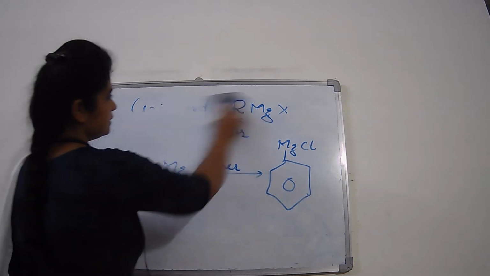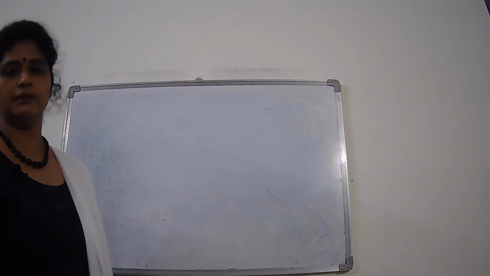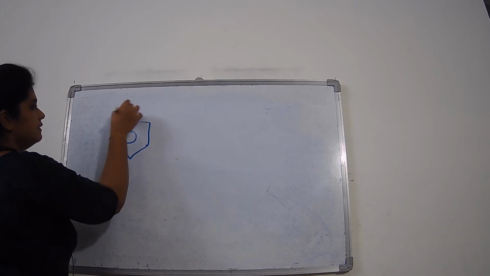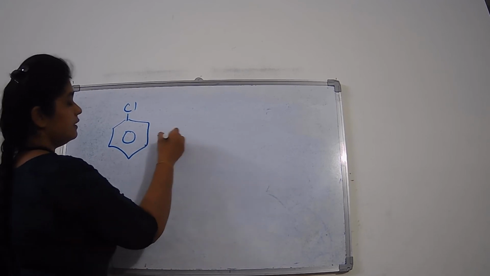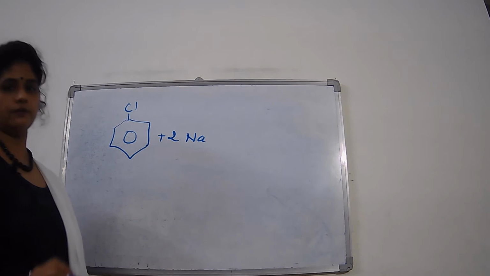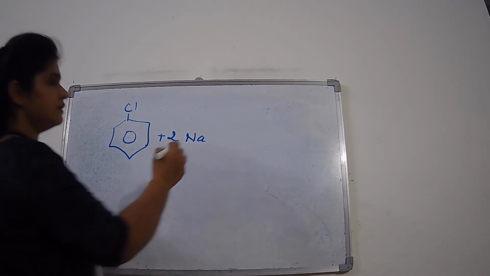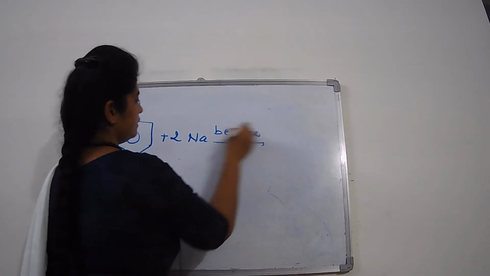The last nucleophilic substitution reaction is the reaction with metal. Here chlorobenzene reacts with either sodium or lithium, in presence of an organic solvent. Organic solvents are benzene, ether, and so on.